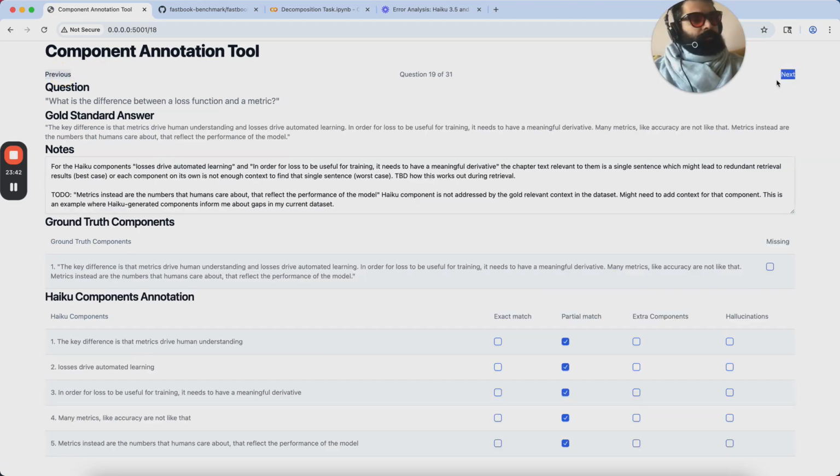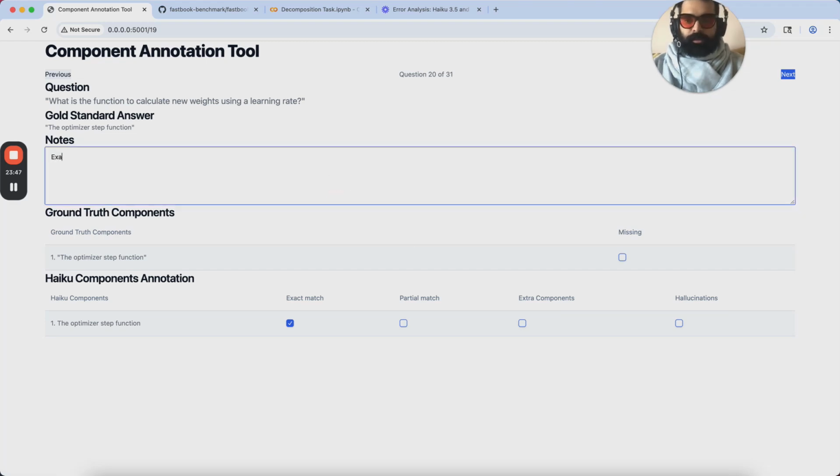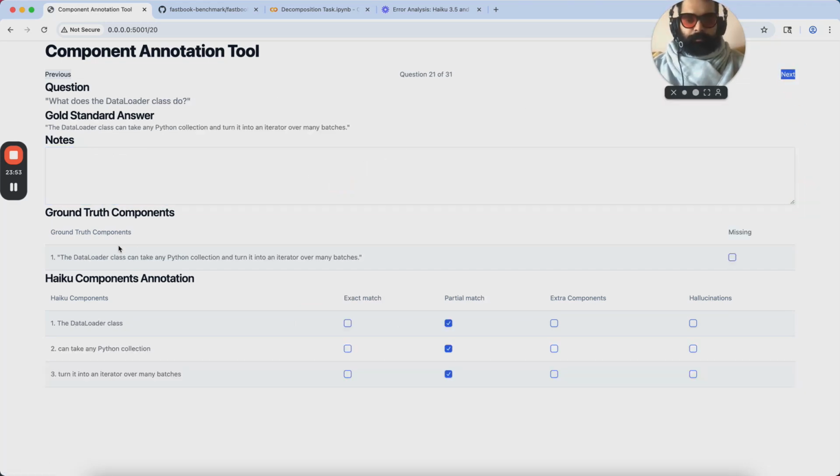Okay? Exact match. Hooray. No comments. The data loader class can take any Python collection and turn it into an iterator over many batches.